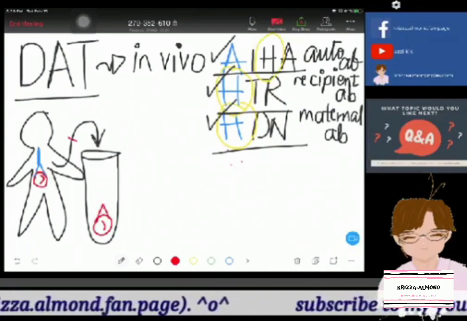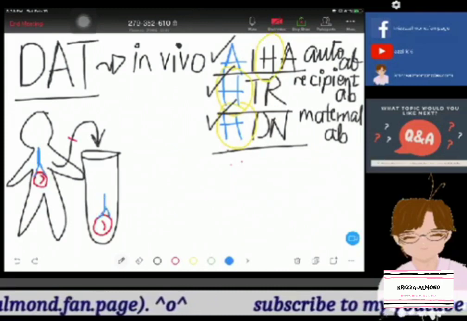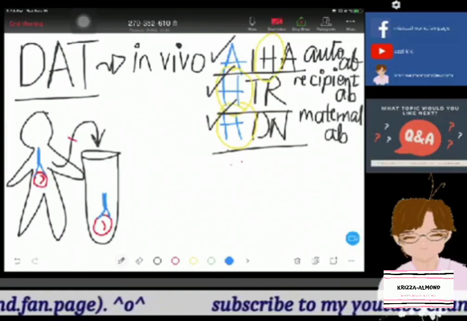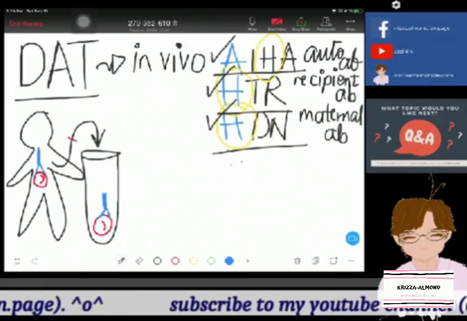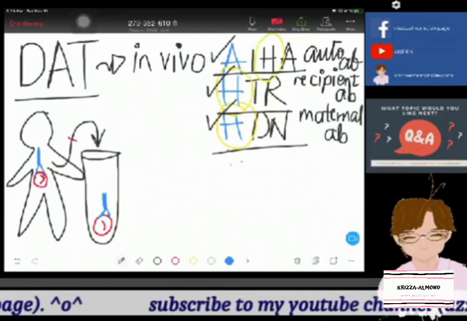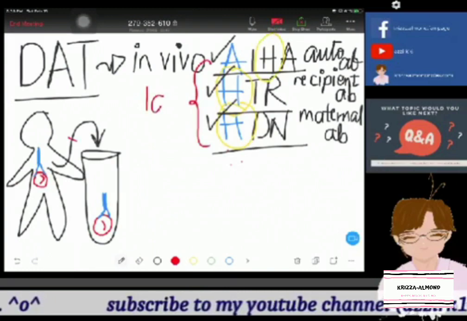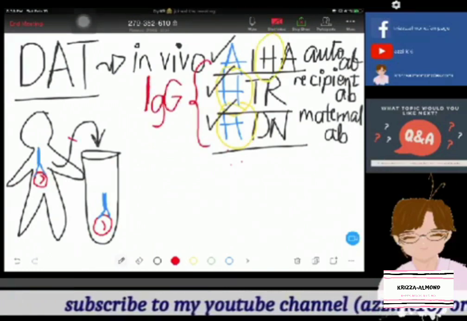Kasi sa loob pa lang ng katawan niya, meron ng sensitization na nangyari. So, ang makukuha natin sa kanya is already a red blood cell bound to antibody. But we don't see it pa. Because usually, what causes the following conditions ay mga IgG antibodies na hindi nagkukos ng agglutination agad-agad. They are non-agglutinating IgG antibodies.